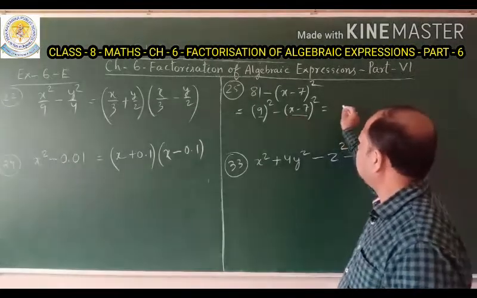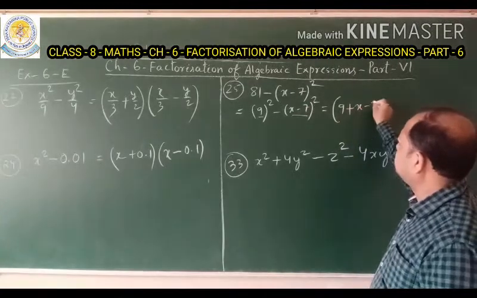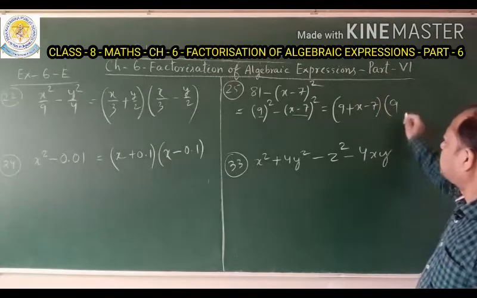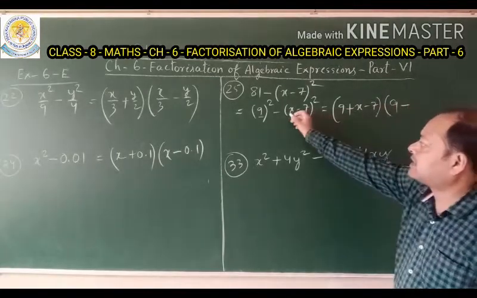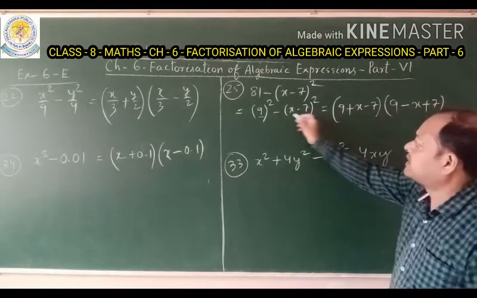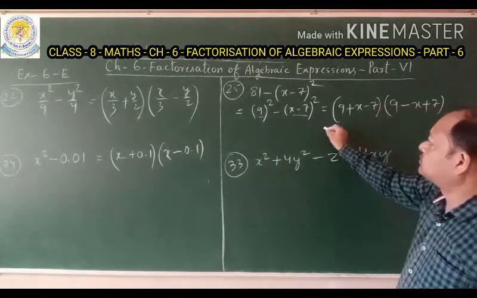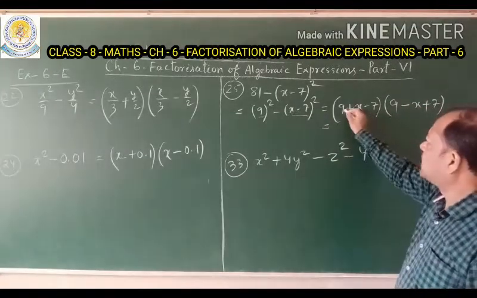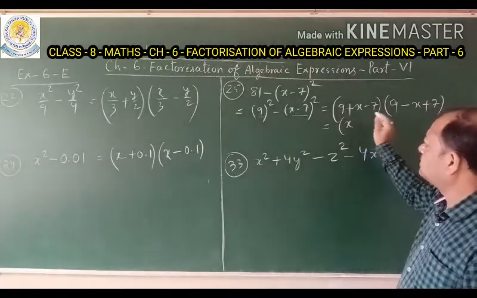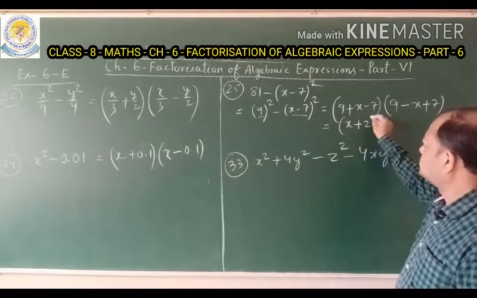So what is a here? 9. What is b here? x minus 7. Plus b, that is x minus 7, into a minus b, that is 9 minus (x minus 7). Minus b means minus of this term, that is minus x, and plus 7, because minus of minus will be plus. So what result are we getting here? 9 minus 7, that is 2. So what are the factors we are getting here? x plus 2.